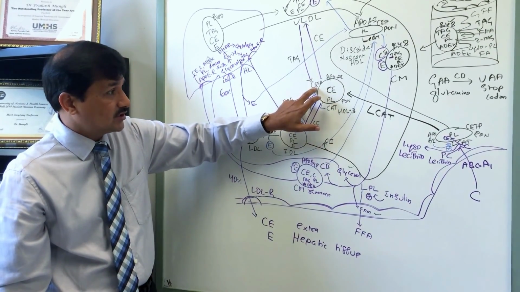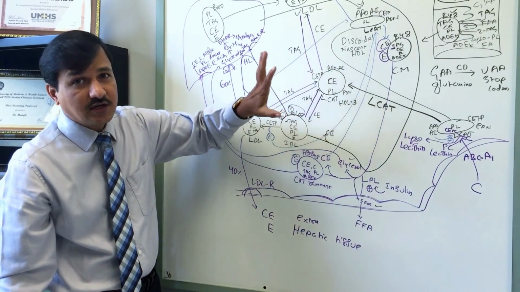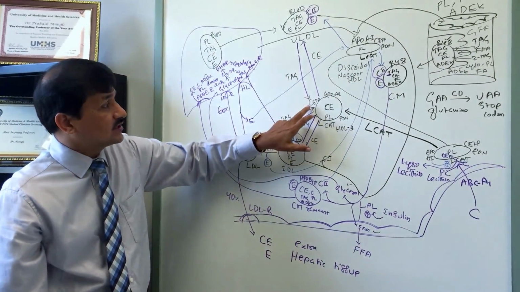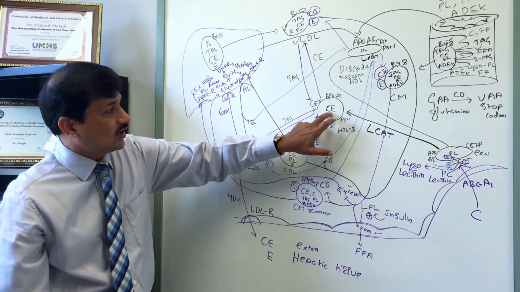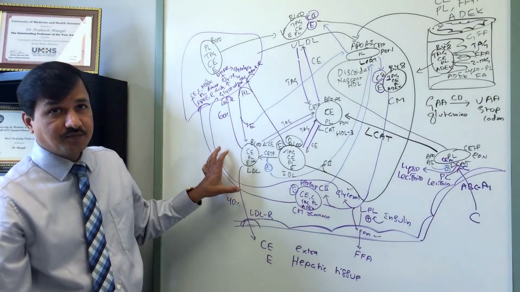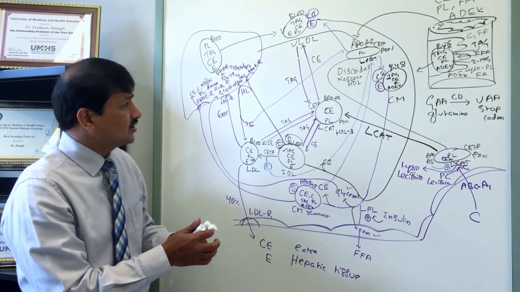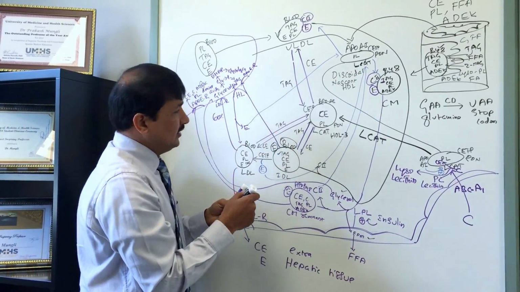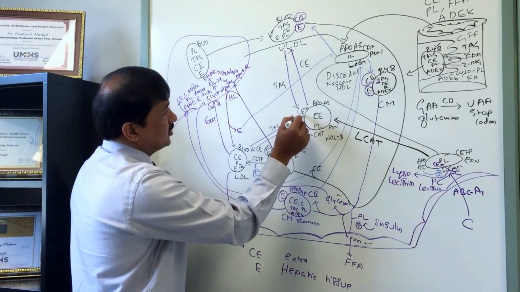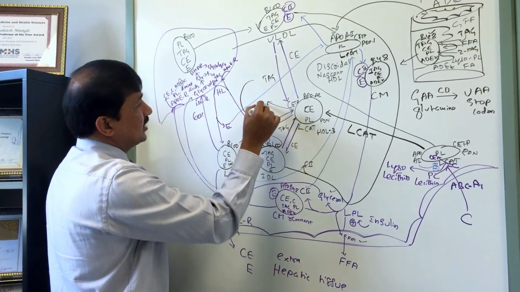So the CETP on the surface of the HDL3 molecule, in fact any HDL molecule, is now going to exchange this excess cholesterol ester with the VLDL, IDL, LDL in exchange for triacylglycerol. So with the continuous action of CETP, your HDL3 is losing cholesterol ester and gaining triacylglycerol.